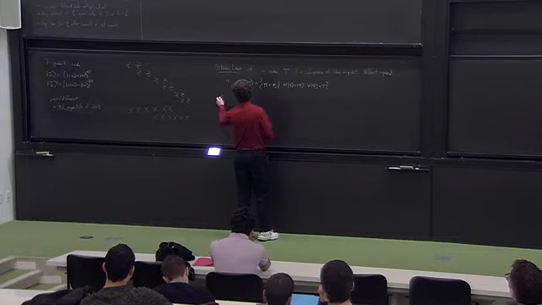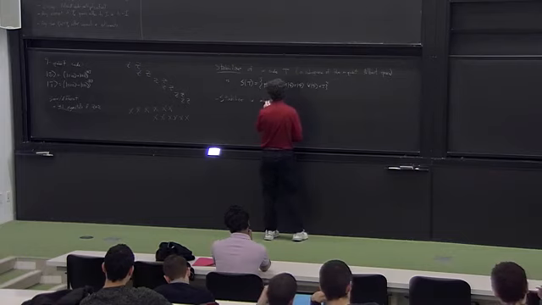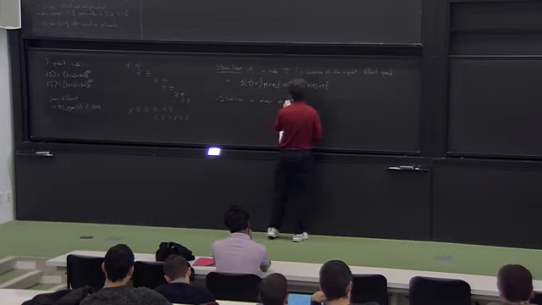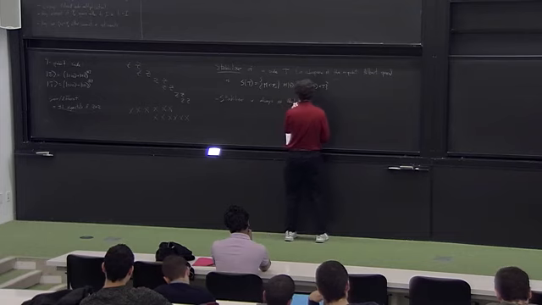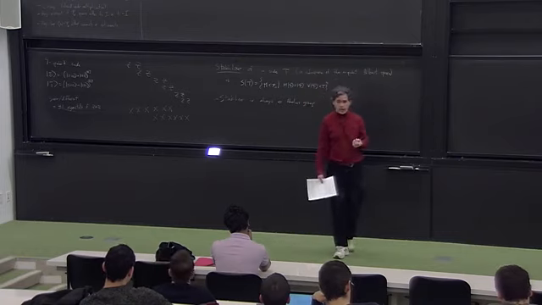The stabilizer is always an abelian group. Why is that?